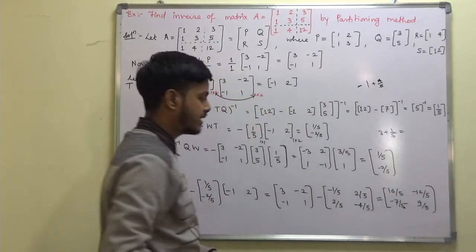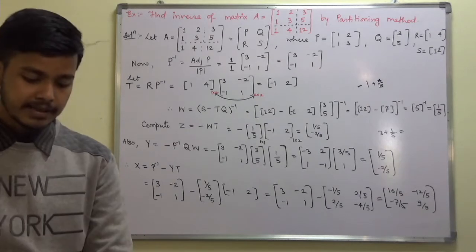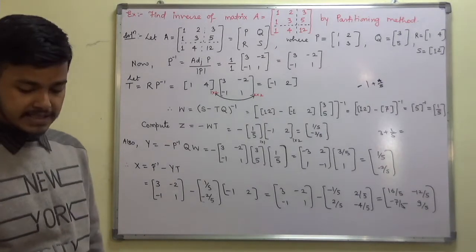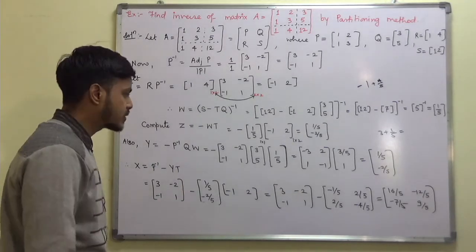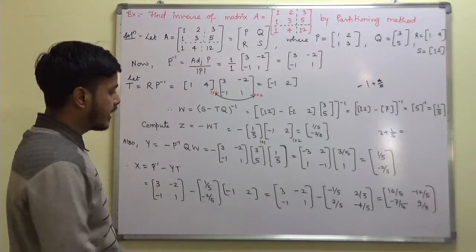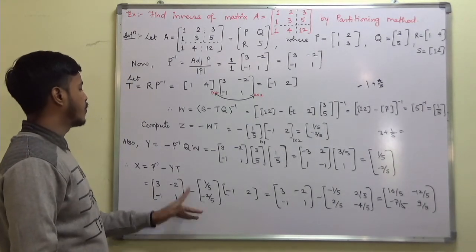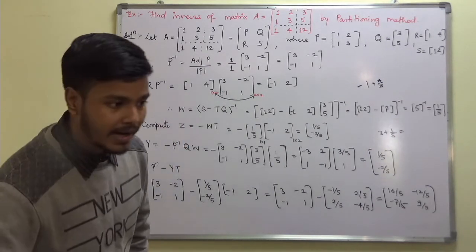So I am getting it to be like this. I hope this is correct. So this is 16, minus 12, minus 7 and 9. So after getting the values of x, y, z and w, now you can write down the required inverse.